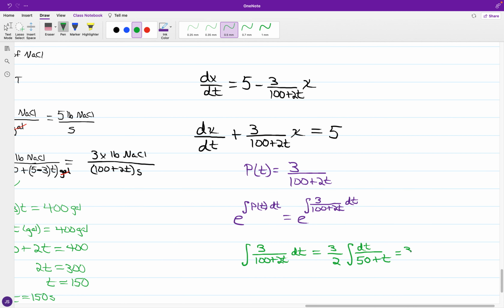so that is going to be 3 halves of the natural logarithm of the quantity of 50 plus t. So transferring back, we have e to the 3 halves of the natural logarithm of the quantity of 50 plus t.